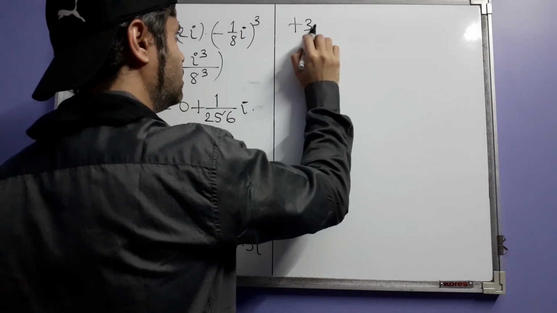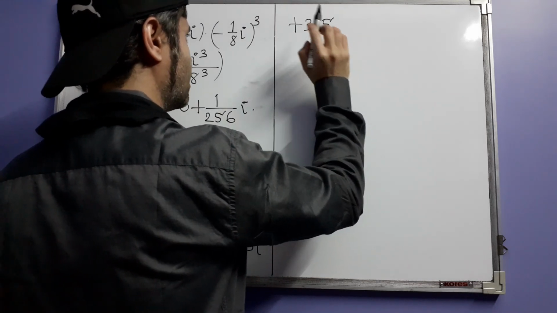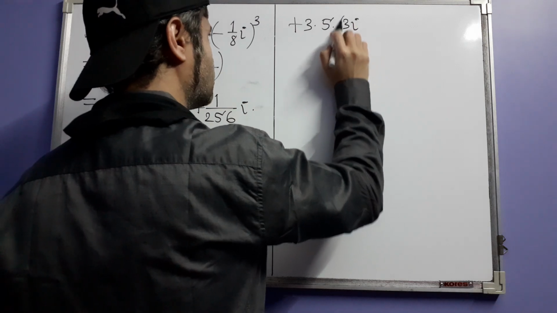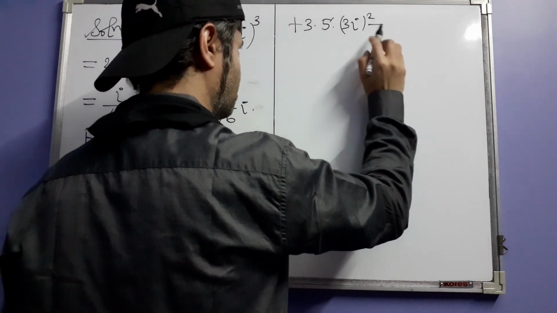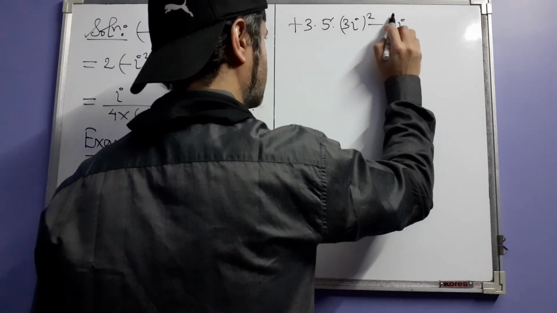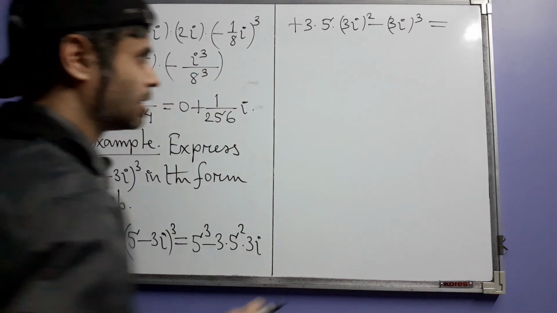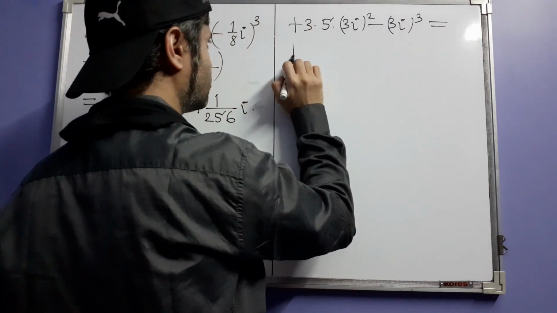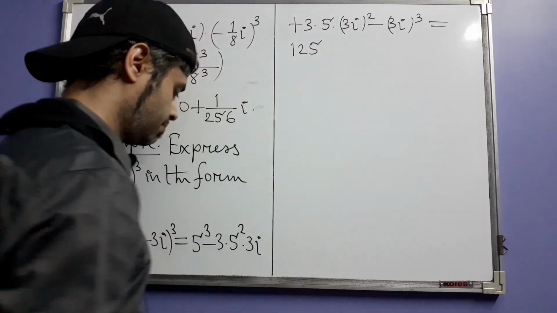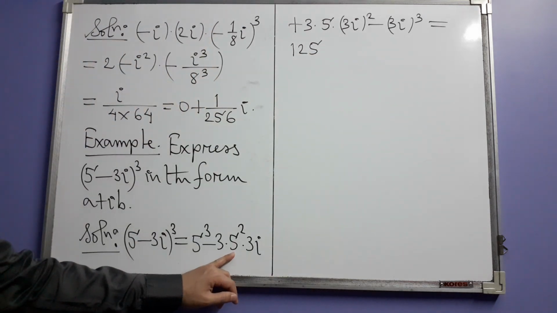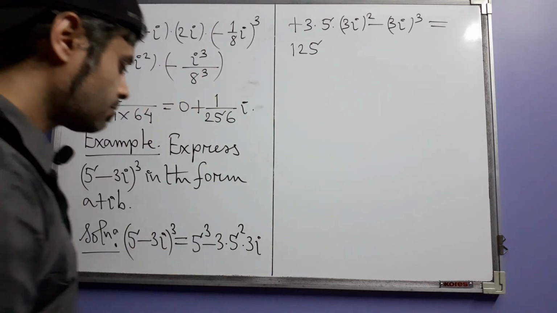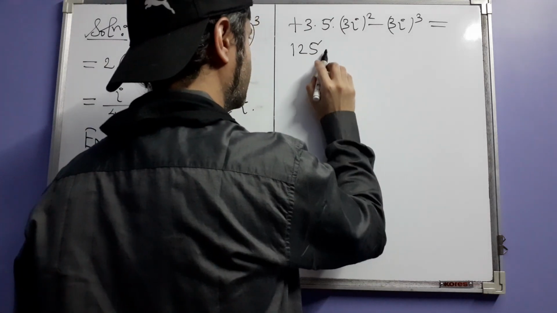Plus 3 times 5 times 3i square minus 3i cube. So 5 cube is 125. Then what will happen to this one? 9 times 25. No?